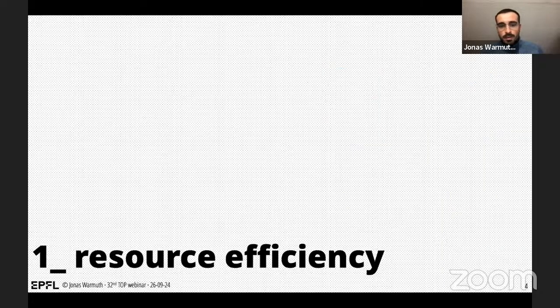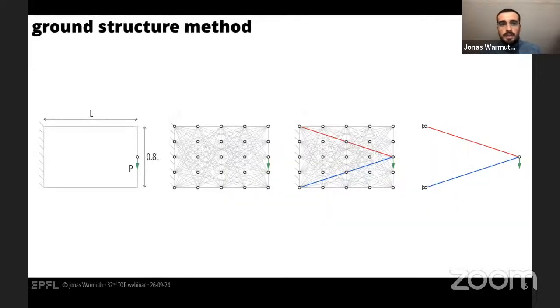Starting with the first one, when we speak about resource efficiency, optimization is a very nice way to do it. And when we speak about trusses, layout optimization and the ground structure method is a very nice way to do that. How it works was explained by Helen already, but just to give you a quick reminder, we start with some boundary conditions, so a load and support conditions.